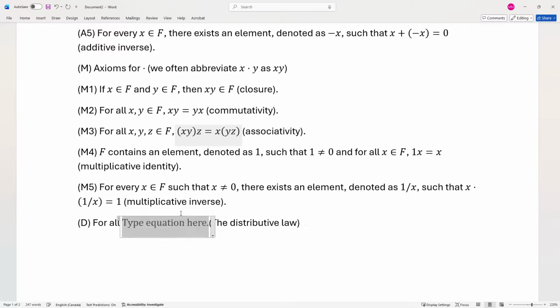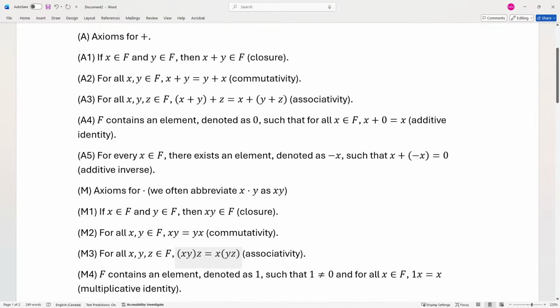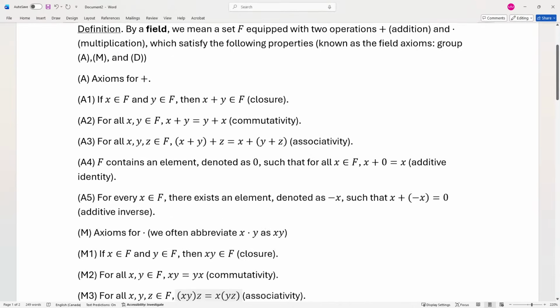These are the usual properties of addition and multiplication which we want to hold. So that's the definition of a field.